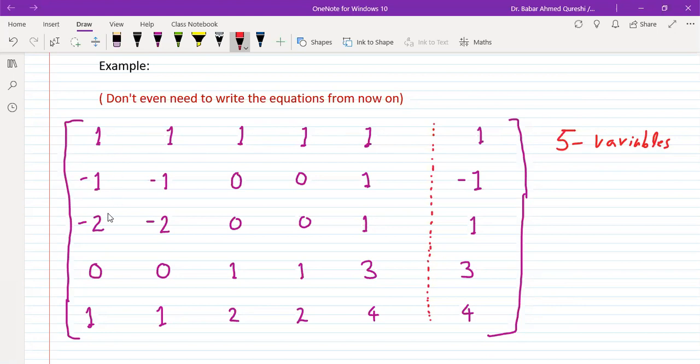And since you have 5 rows in this matrix, that means you have 5 equations. These variables are just some unknowns. You can give them any name you like, x, y, z, w, u, or x1, x2, x3, and so on. We have 5, so I can just label them from x1 to x5.